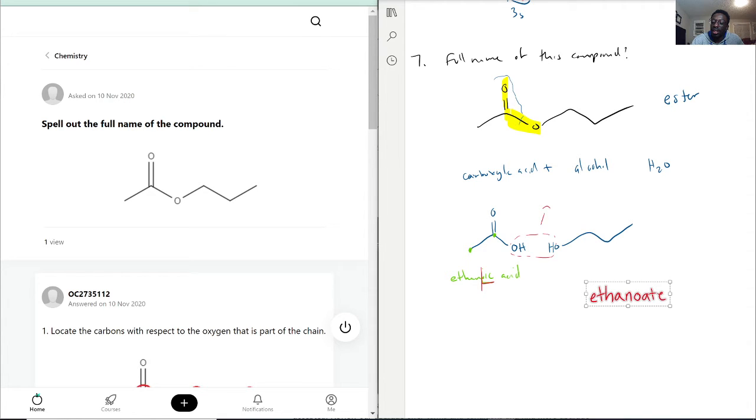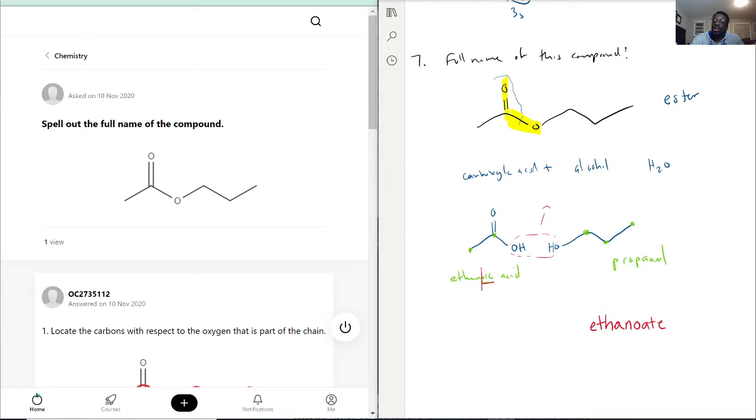And then the alcohol part would be in front of it. So the alcohol here, if we count, we have 1, 2, 3 carbons. So this would be propyl, or is it, how do you say alcohols again? Methanol, propanol, there we go.